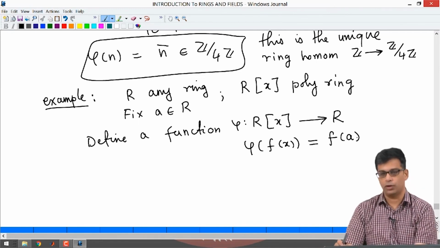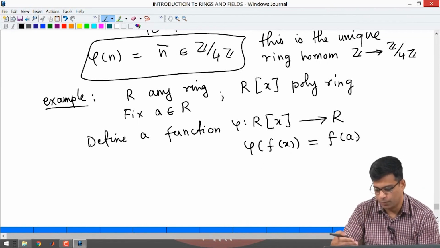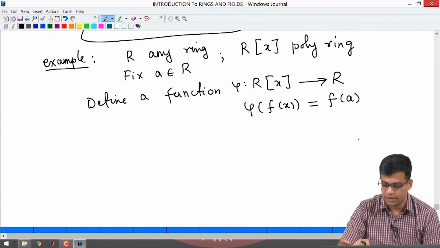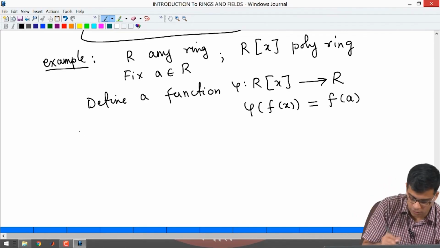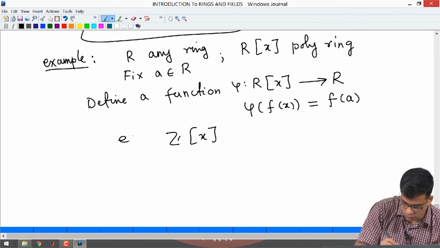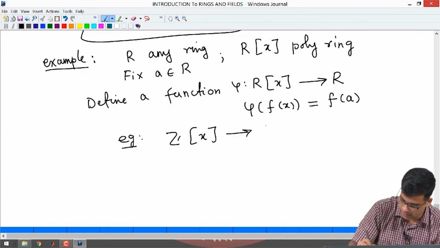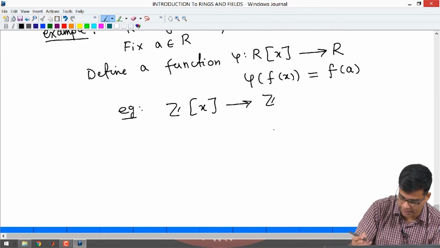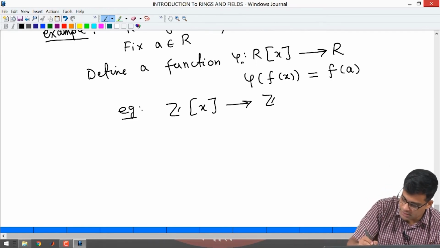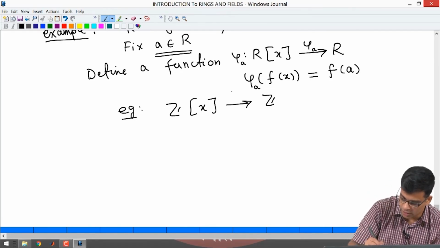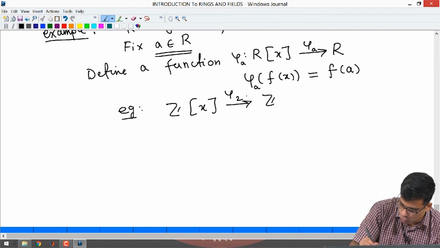I have already told you in a previous video, we can evaluate a polynomial at any element of the ring. So, in other words, I am simply replacing x by a. For example, if I take Z[x], this is a special case of this example, I have a map from Z[x] to Z. Let us denote this by phi sub a, because a determines this map. So, here let us look at phi sub 2.